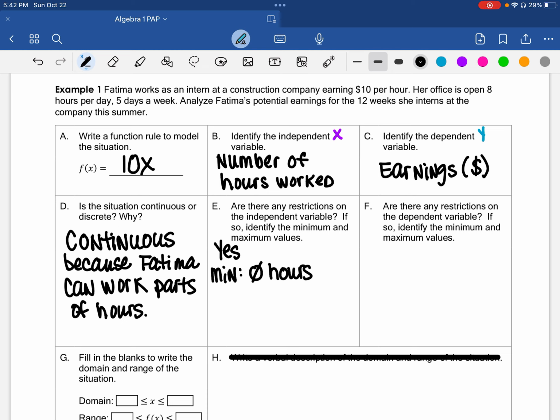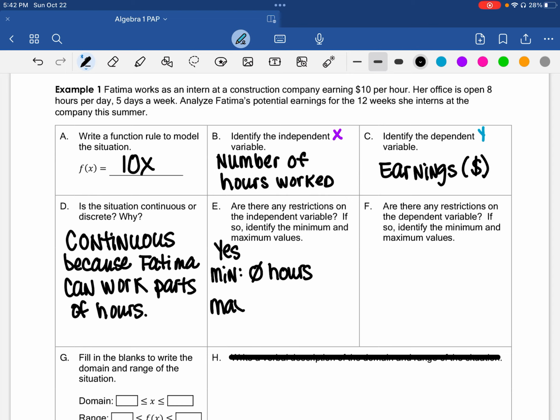She cannot work negative hours. That doesn't make sense. She can't get paid to pay the company. If I were to work negative hours, then I would owe you time, but you're not going to pay me. And that's not how that works.